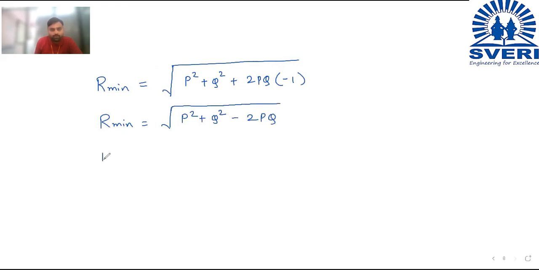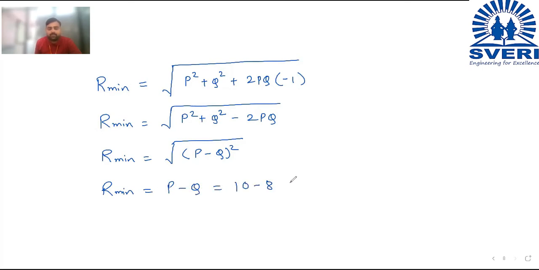This is the expansion of p minus q bracket square, under root p minus q bracket square. So your R minimum is equal to p minus q, which is equal to 10 minus 8, which is equal to 2 Newton. These are your answers. Anybody having any doubt in this numerical?